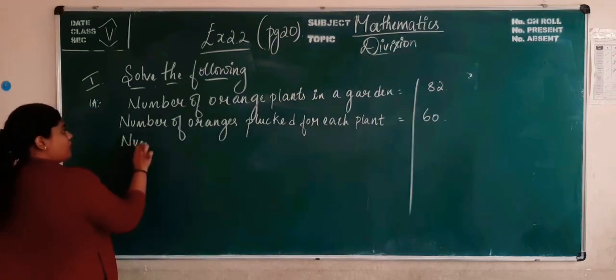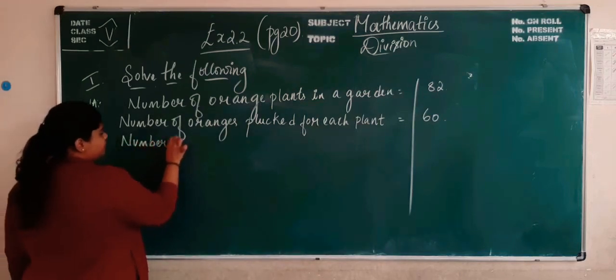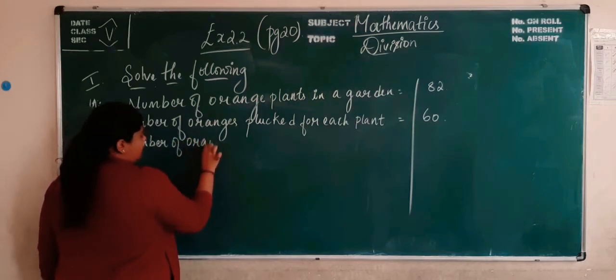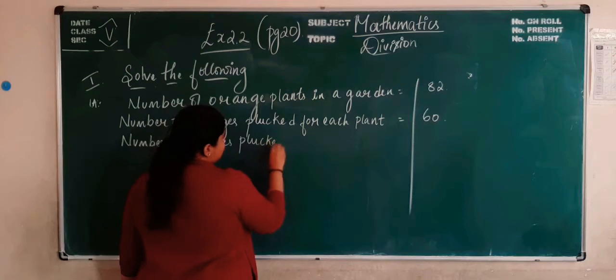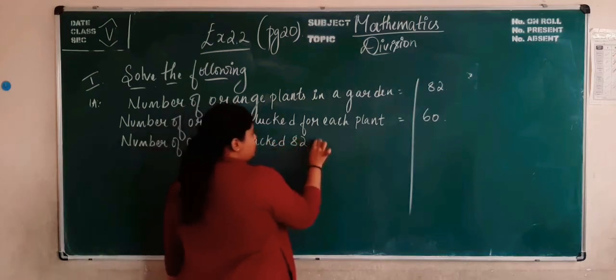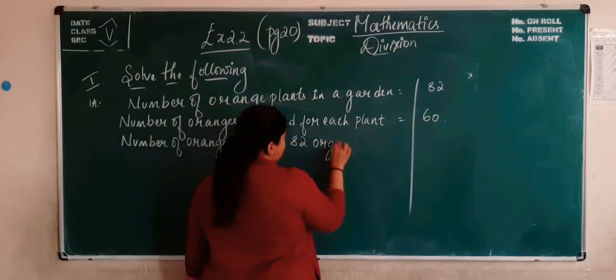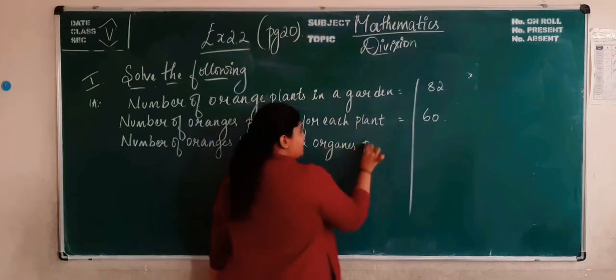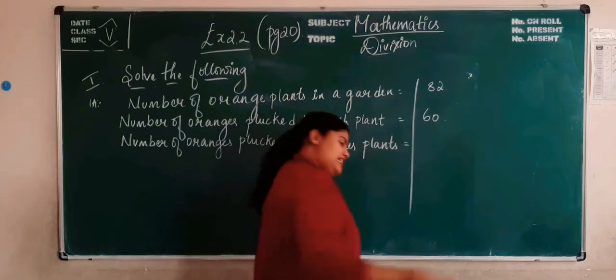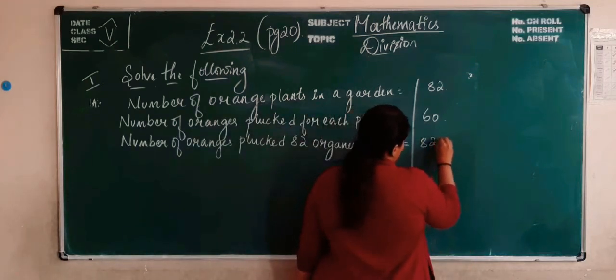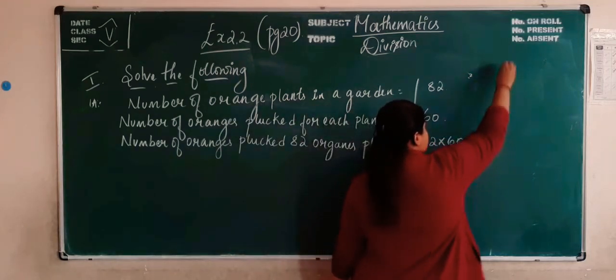Number of oranges plucked from 82 orange plants is equal to, yes, 82 into 60.